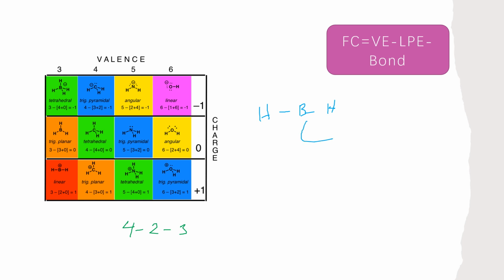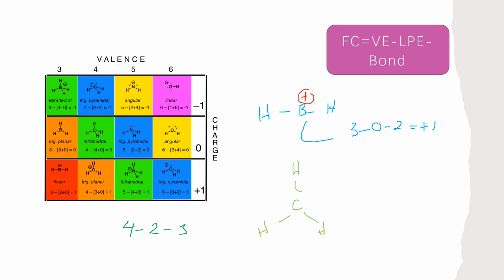Boron is a group 3 element. So group 3, lone pair electrons 0 and bonds 2, therefore plus 1. There's a plus 1 charge over here. Okay, and this is also a radical. So don't worry about the octet over here for the carbon. It's a radical. That's the difference over here. So maybe you think why I am not counting the octet, but it's a radical.